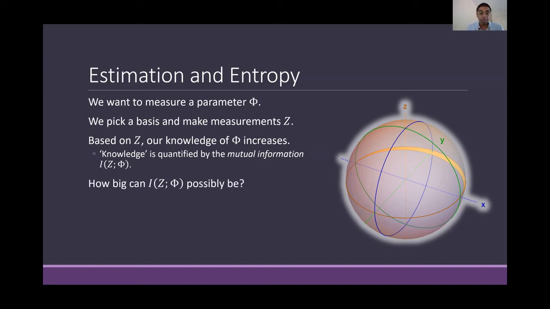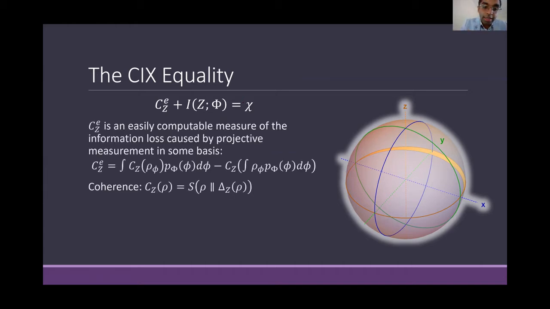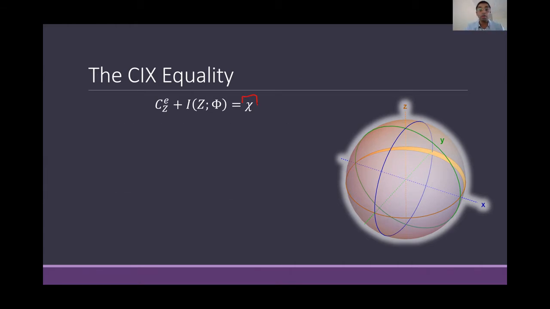So what we want to know is how big can the mutual information possibly be? And the answer, which is the first result of our work, is something called the CIX equality. On the right is something called the Holevo information. The Holevo information has been around a long time, and it's easy to compute.